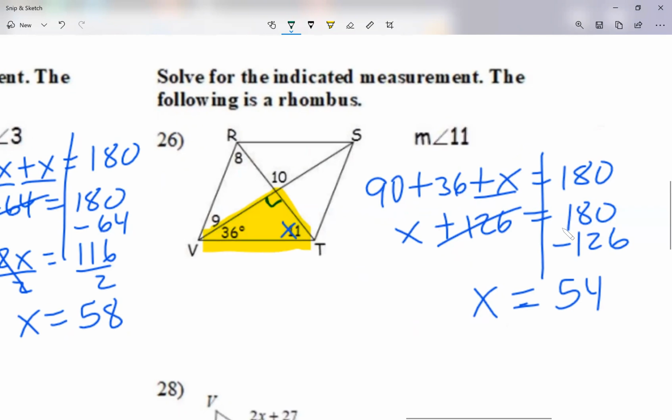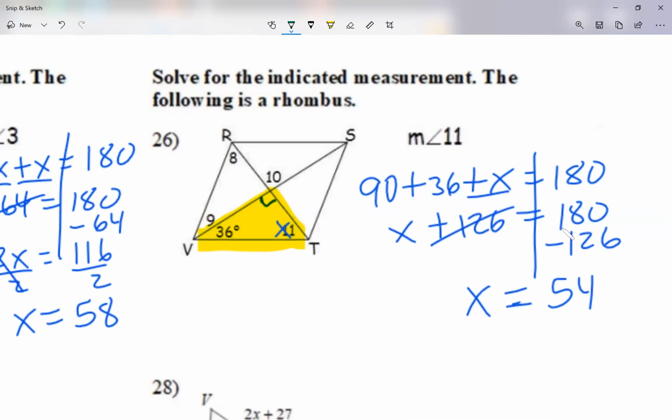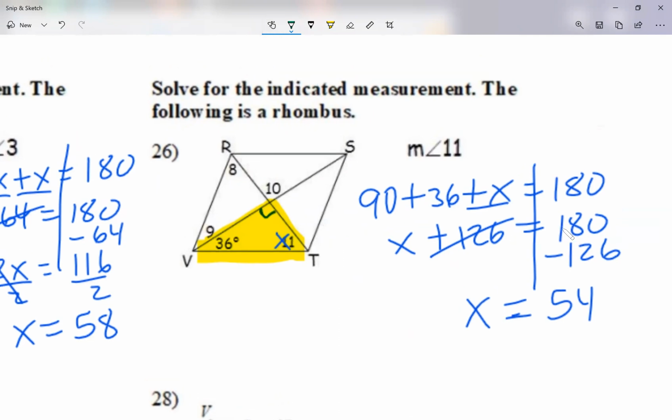One cool thing that happens at the corners, so not just the center, at the corners, is they get cut in half. So, for example, I see this 36-degree angle here. I'm going to say this other angle right here is also 36 degrees. On a rhombus, they get cut in half. Not necessarily a rectangle, but on a rhombus, they do. So that should help you for your homework.